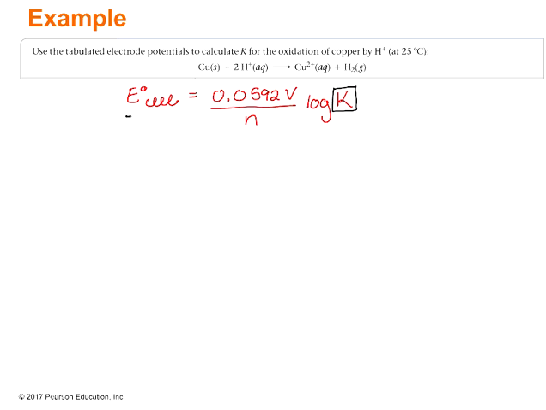So we need to find E cell, and we also need to determine the number of electrons that are transferred for this equation.